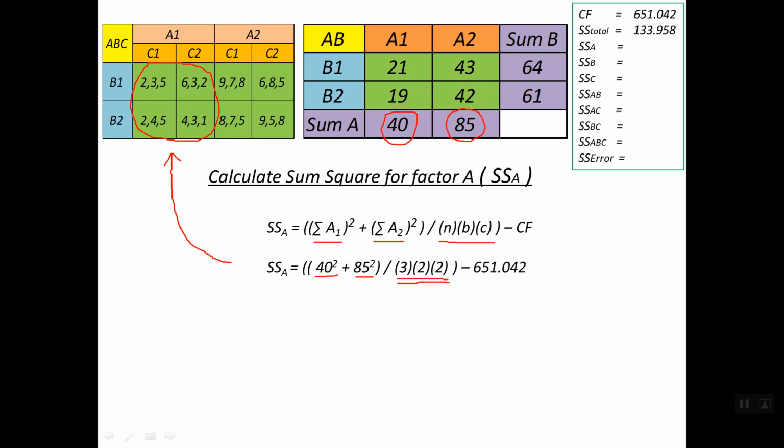If you sum all of these observations, you will get 40. What is the number of observations in these data? We have here 3, here 3, here 3, and here 3. So we have 12 observations with a total of 40. So the 12 comes from multiplying 3, which represents the n, times b times c.